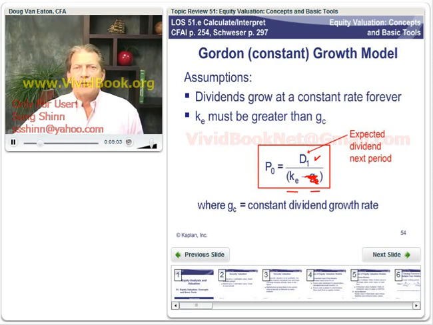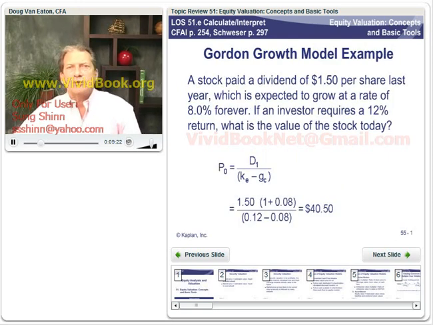And the higher the growth, the lower the denominator, and the higher the value of the shares. Well, that makes intuitive sense as well. $1 worth of dividends that are growing faster is worth more than $1 worth of dividends that grow more slowly over time.